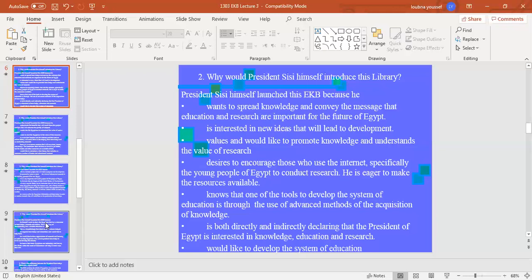Now, another answer is that President Sisi is both directly and indirectly declaring that the President of Egypt is interested in knowledge, education, and research. And of course, this is a very important declaration to make people aware of the value of knowledge.